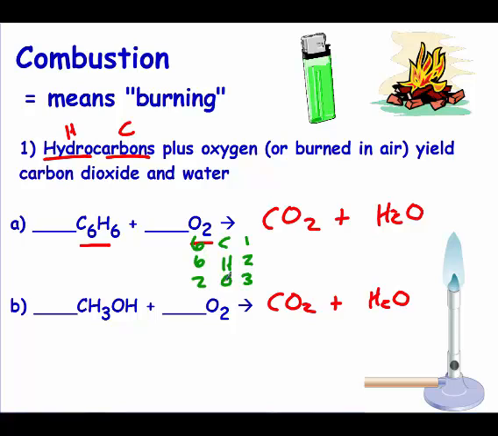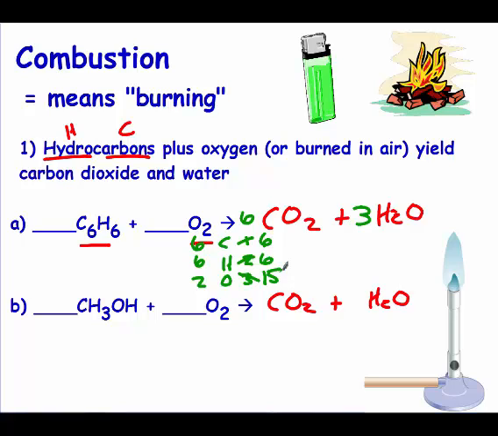So when starting, you had 6 carbon, 6 hydrogens, and 2 and 3 oxygens. First, I balanced my carbons. So I've got 6, and then my hydrogens. And then I've got 12 plus 3 is 15 oxygen. Notice there's no way I'm going to get 15 oxygen on the reactant side.